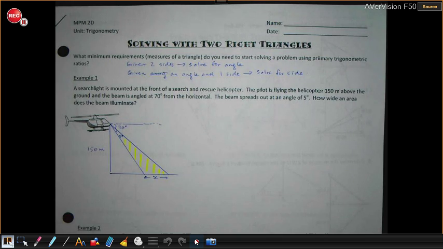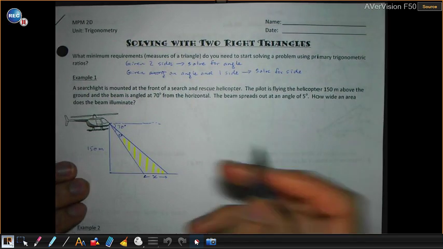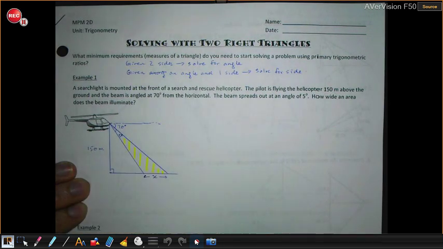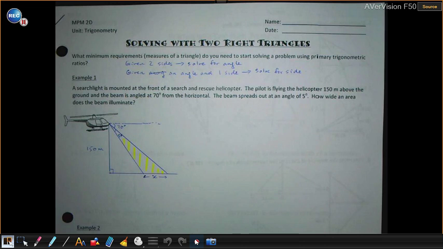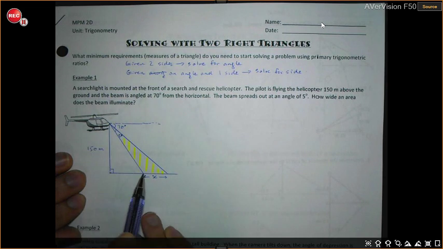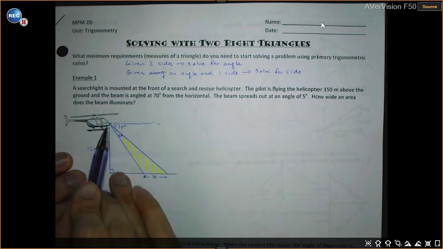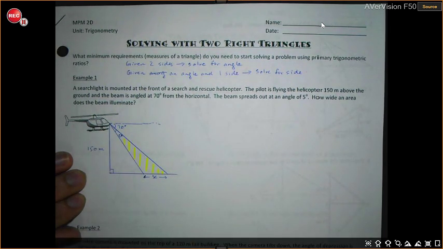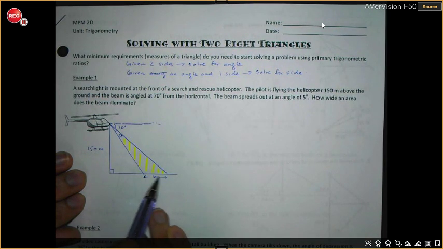So this is a problem with two right triangles. Let's see where the two right triangles are. The height here will make a 90-degree angle with the ground. So here we have one right triangle, and then we have another right triangle here. So it's like one right triangle on top of the other. But we have to find this width between the two right triangles, the part where they don't overlap with each other.